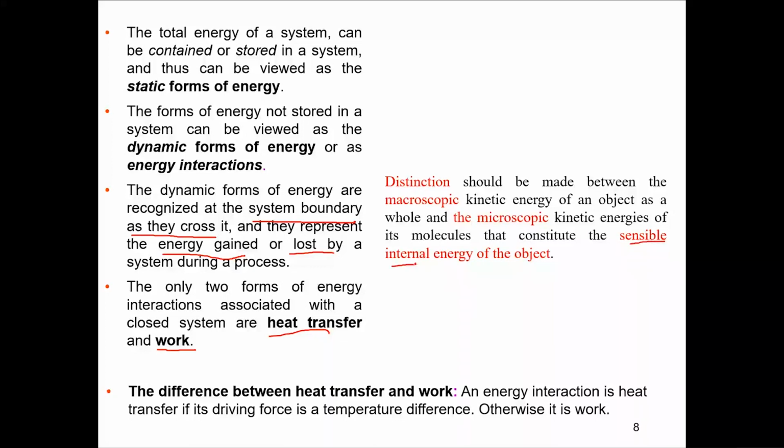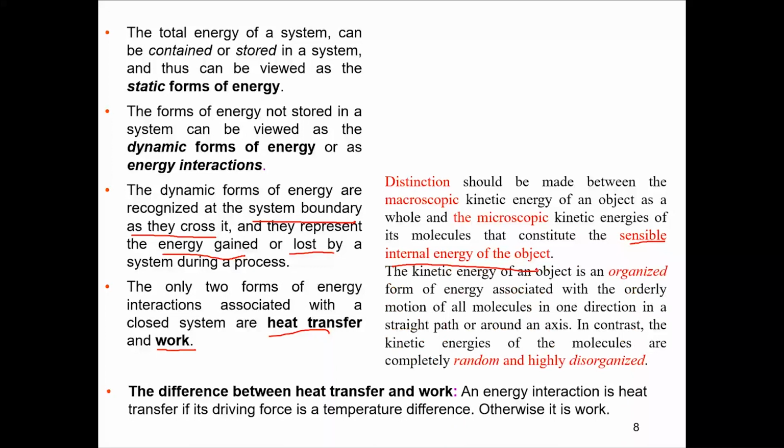And how do you differentiate between the two? If the kinetic energy of an object is organized, with orderly motion of molecules in one direction or around an axis, this is the macroscopic kinetic energy. The random and highly disorganized motion of molecules that makes up the kinetic energy is the microscopic kinetic energy.